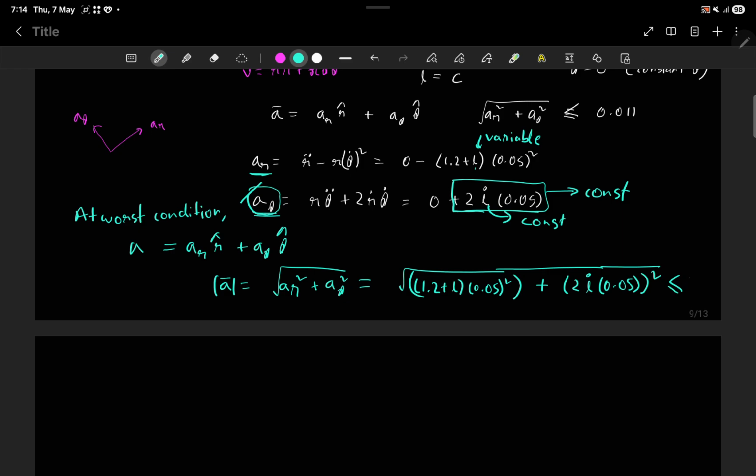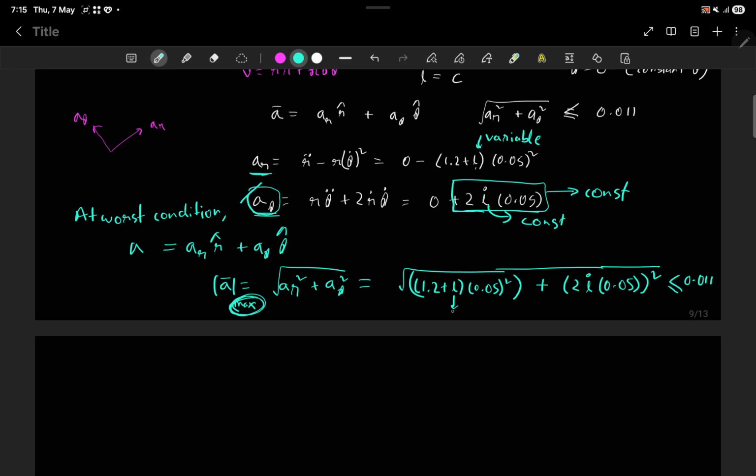This has to be 0.011. Okay, this is our maximum acceleration. So for this maximum condition, this L is a variable. So L has to attain the maximum value for that position at the extreme condition.